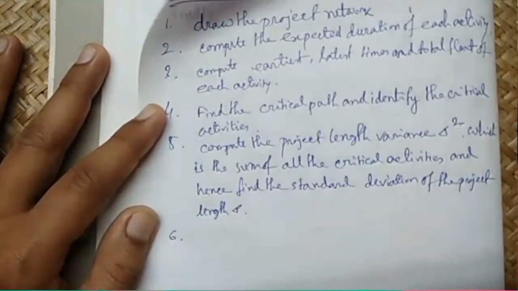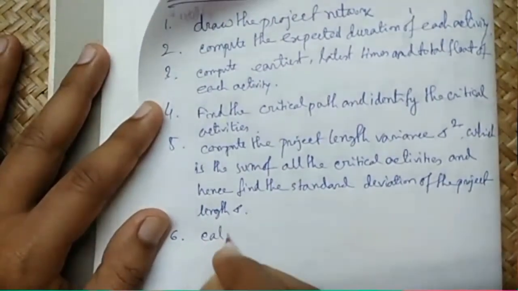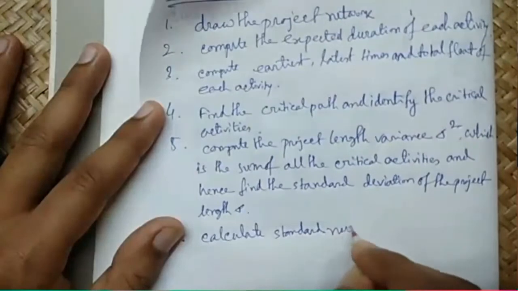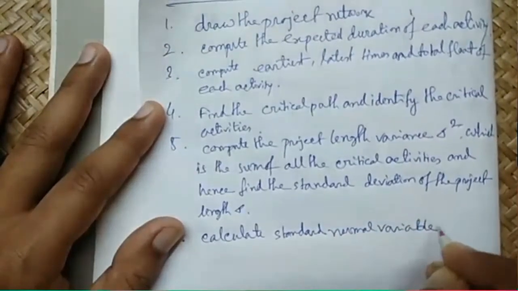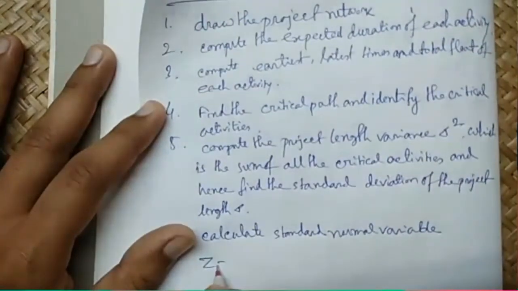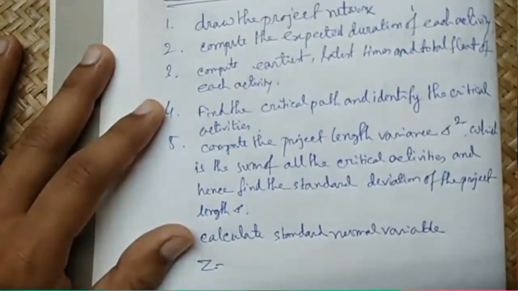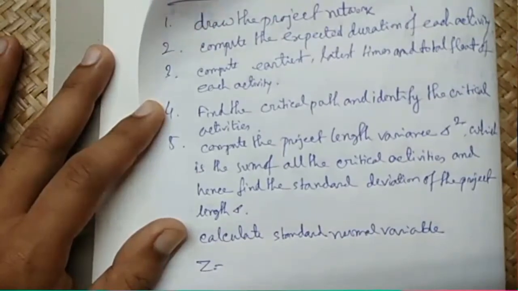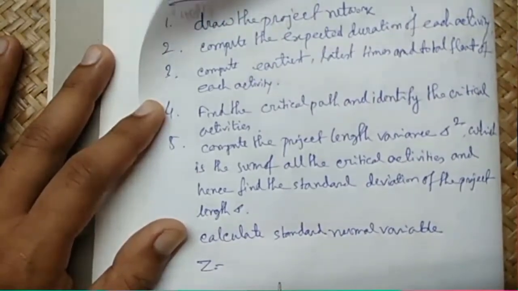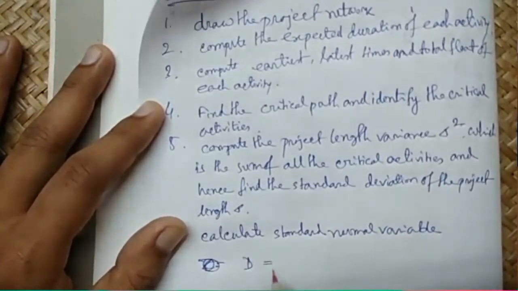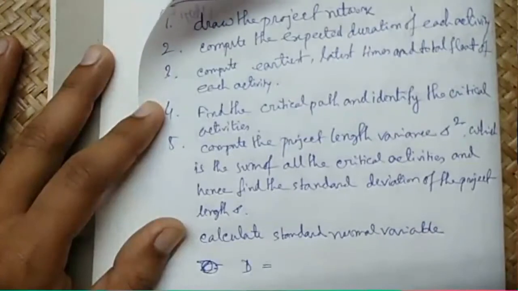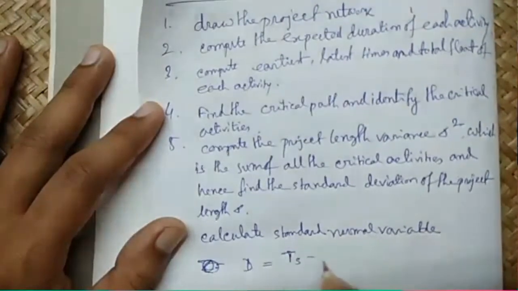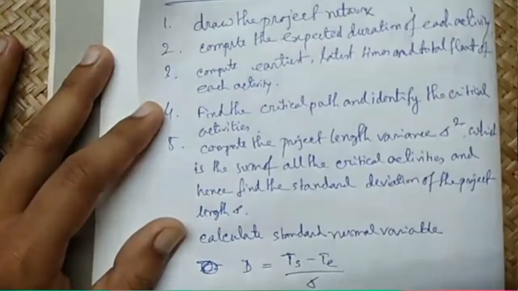Okay, and number 6: calculate the standard normal variable, actually not z, it will be d, where d is ts minus te by sigma.